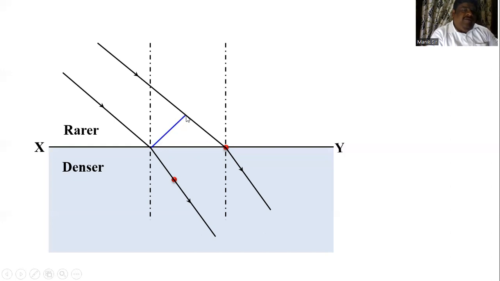Say this is point B, and the wave will reach point C in time t. But yet, at this point, the ray is just entering into the denser medium.